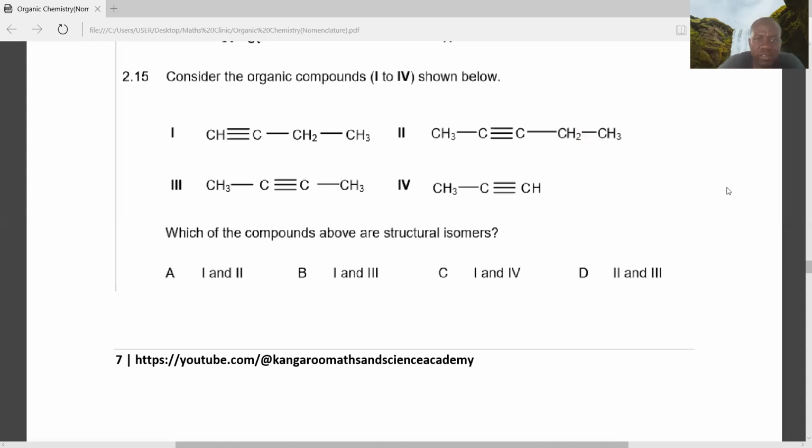The first one, as I said, will be butane or but-1-ene. Then this one is 1, 2, 3, 4. The double bond is between 2 and 3, so we take the smallest number, which is 2. So this will be but-2-ene. These are actually positional isomers: same molecular formula, but different position of the functional group.